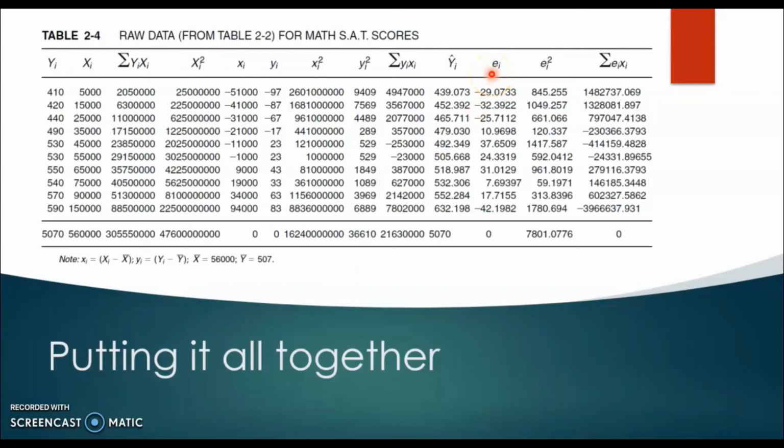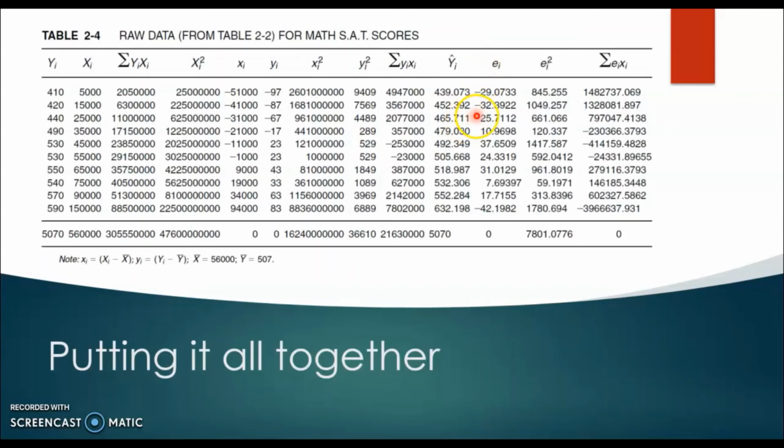But they are pretty much the same in terms of concept, where they refer to the difference between the exact value of y and the predicted value of y.